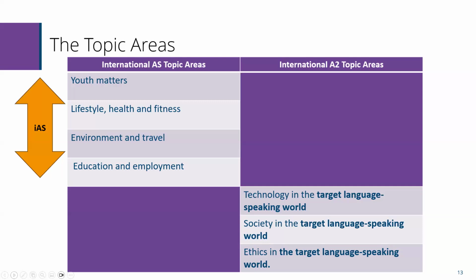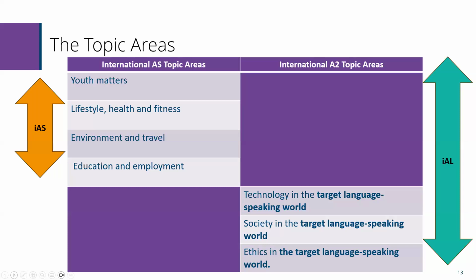And then when we move on to the international A-level, the international A-level covers everything that we have from the AS, so Youth Matters, Lifestyle, Environment, Education, and also then technology in the target language speaking world, society in the target language speaking world, and ethics in the target language speaking world.